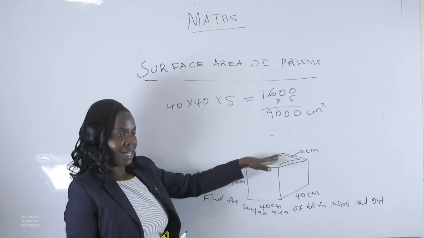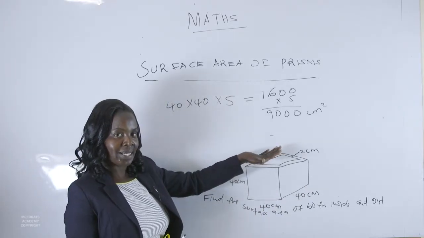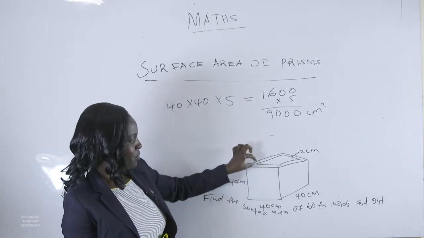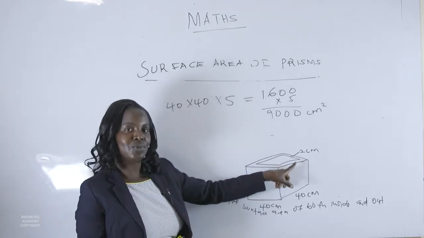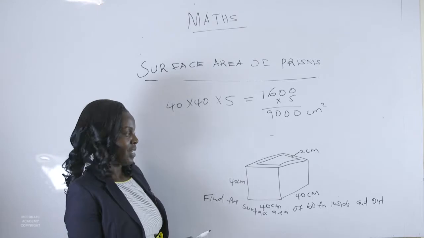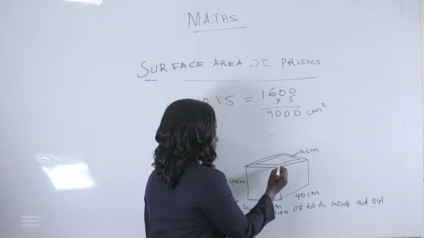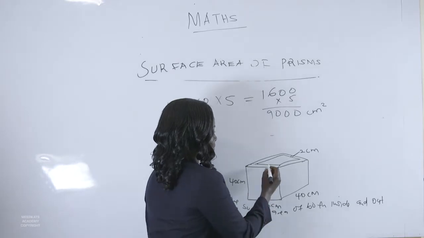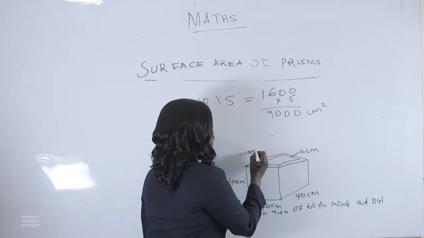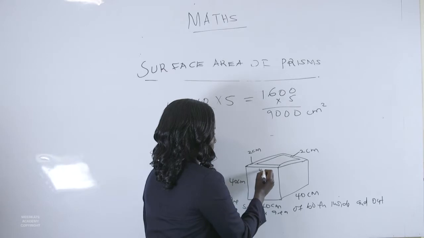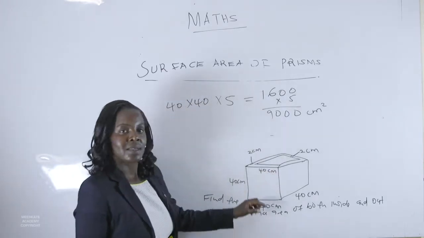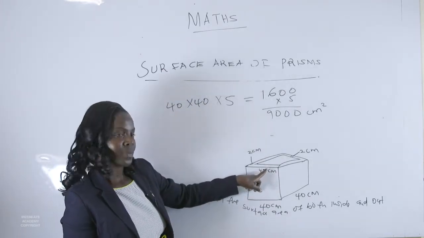Now, what about this other top? The top side is open, but it has a rim that has a thickness of 2 centimeters. So if we connect, you realize this side will form a rectangle.